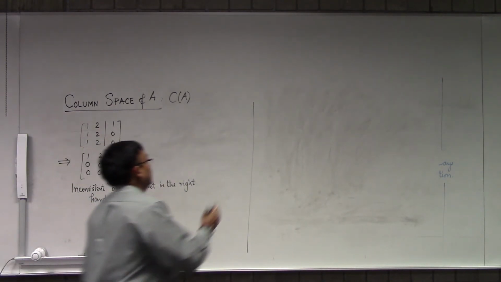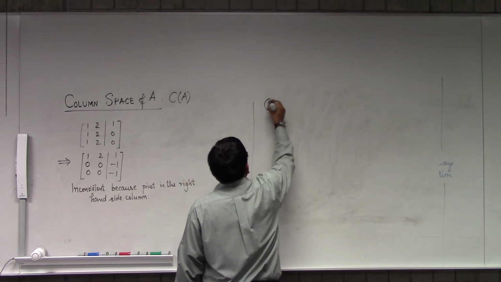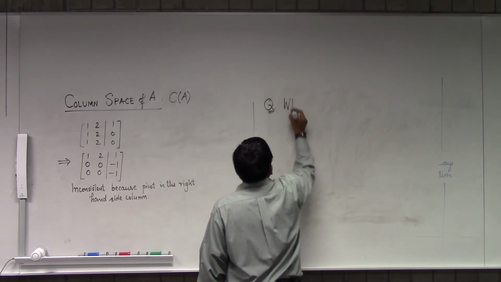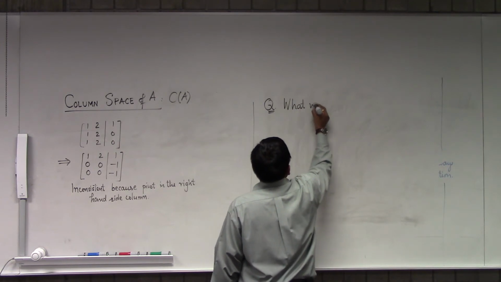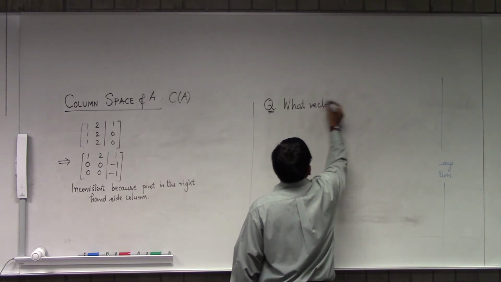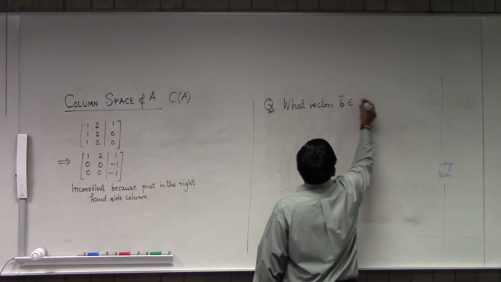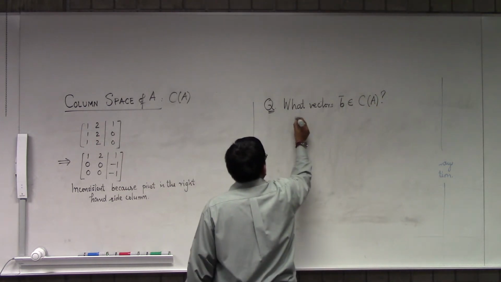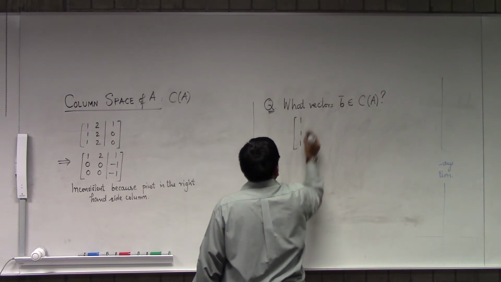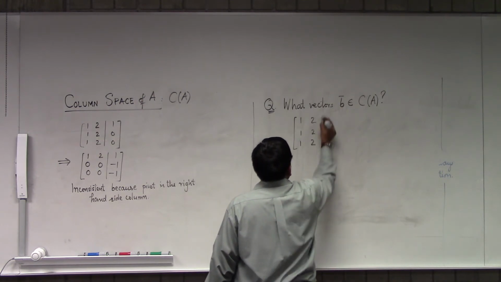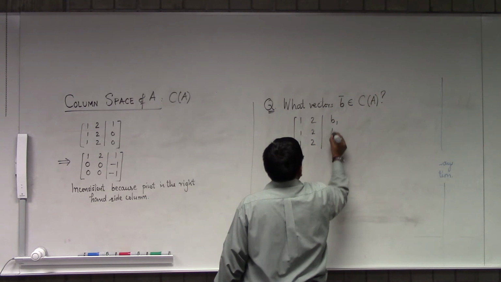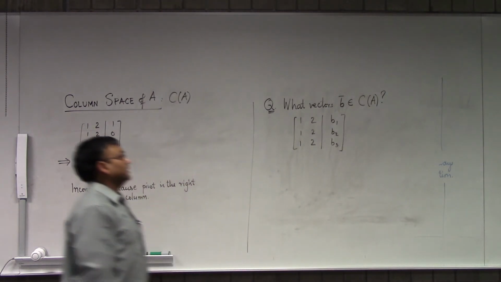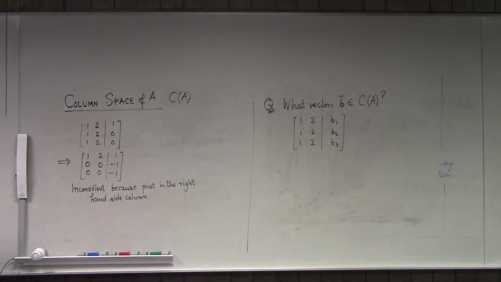So the next question we are asking is, what vectors b belong to the column space of A? Based on the remark I made, I just want to find what right-hand sides will make this system consistent.